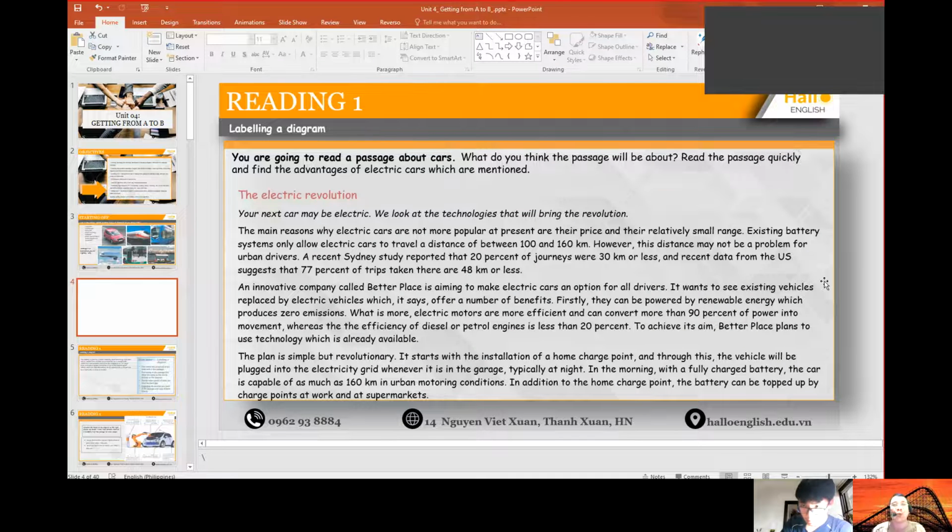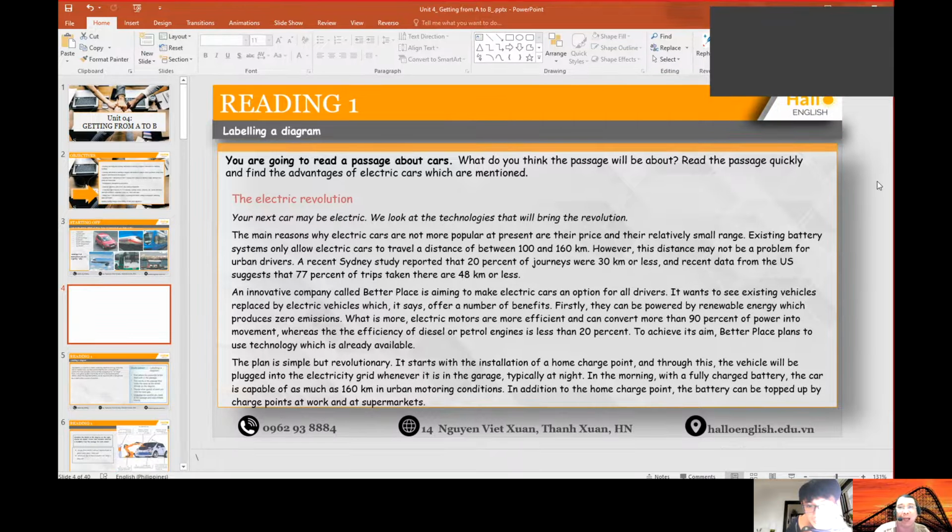So for Reading 1, Koi, our reading says labeling a diagram. So when you say labeling a diagram, what does it mean?